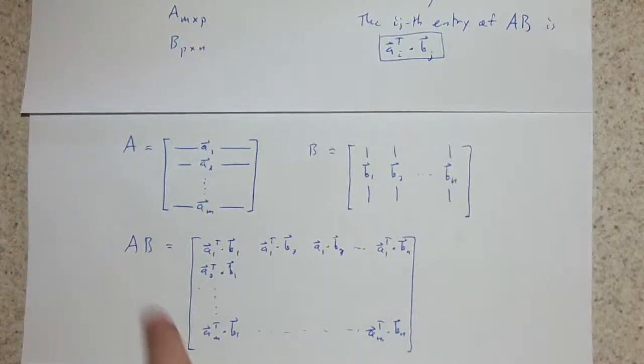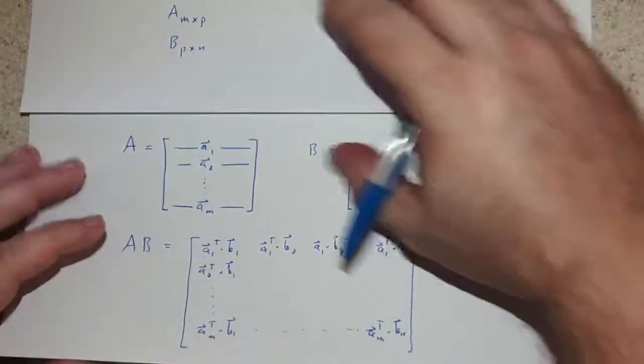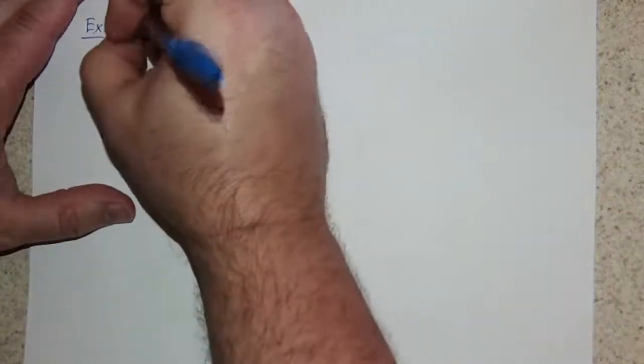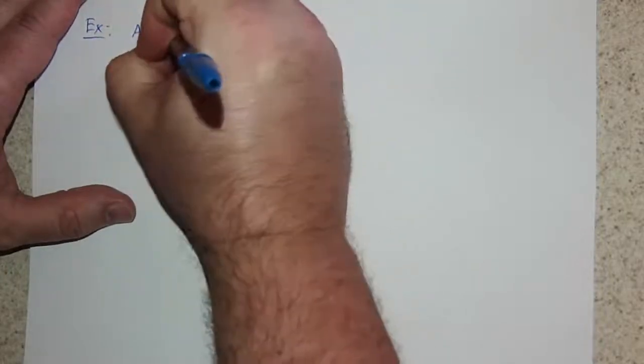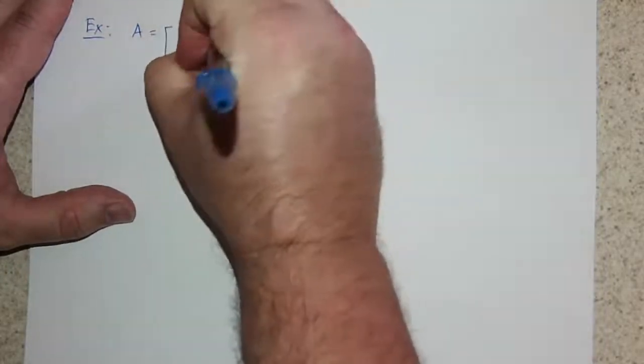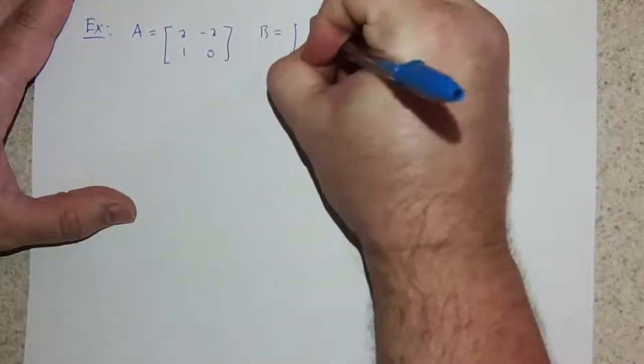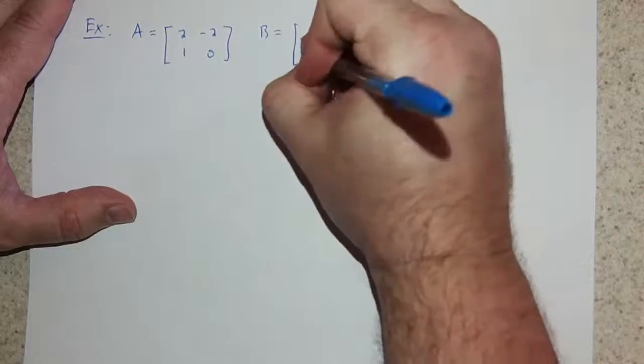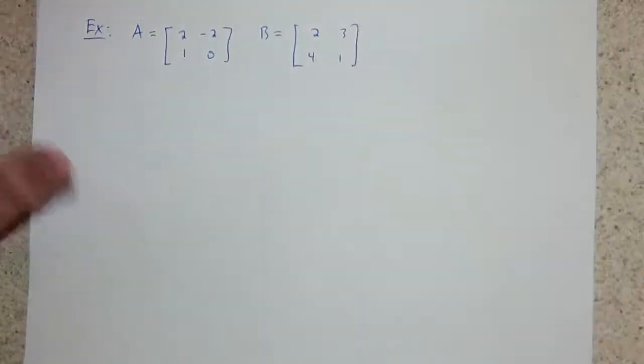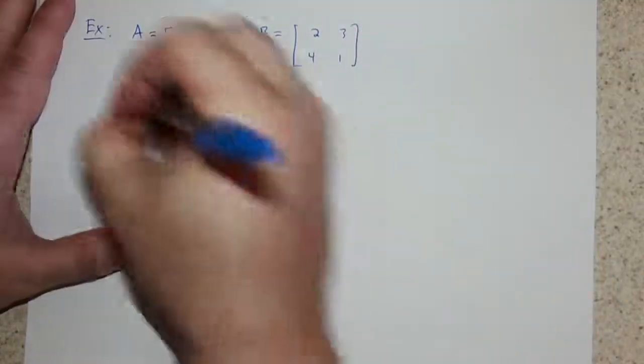Okay, so that is how you multiply matrices. Let's do an example of this. One quick example, and then we're happy to move on. Okay, so if A is the matrix 2, minus 2, 1, 0, and B is the matrix 2, 3, 4, 1, then what is A times B?